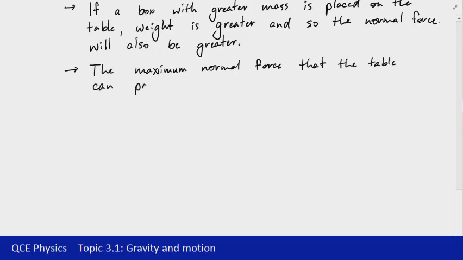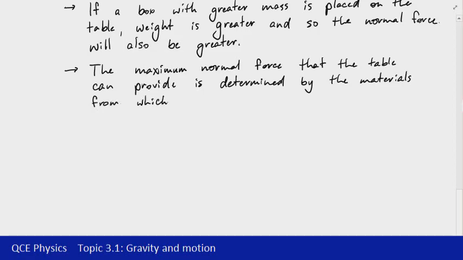Those factors will be things like what the table's made of, so determined by the materials from which the table's made. So if it was, say, a steel table, it might be able to provide more force than a fairly lightweight timber table. So the material is one particular factor.